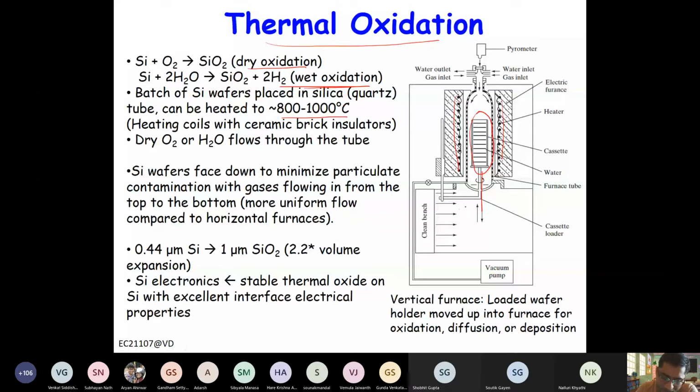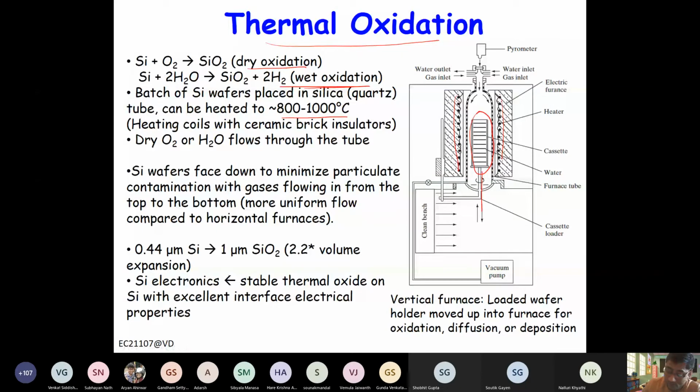And then of course the gases flow down and exit through this chamber. You can also see a vacuum pump to keep it at low pressure, so that impurities are not inside.